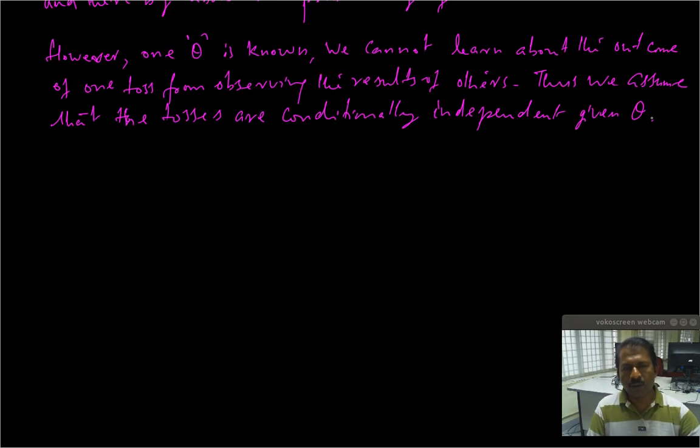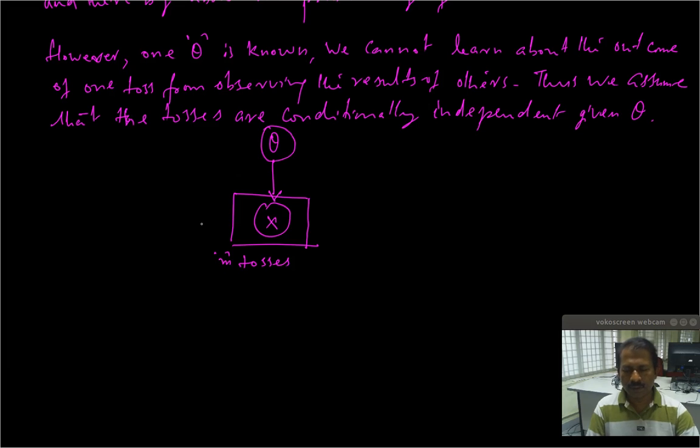So now we can draw the model. Basically the plate notation. So this is our random variable, and the plate notation represents the repetition of the experiment. So m tosses. So this is connected with the parameter theta, right?